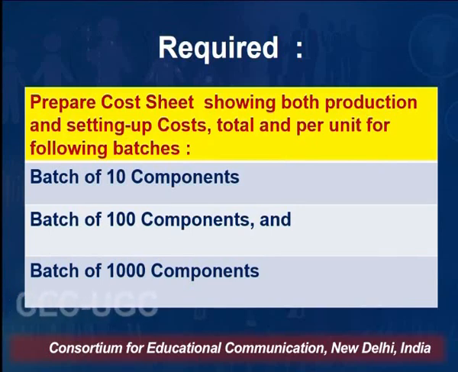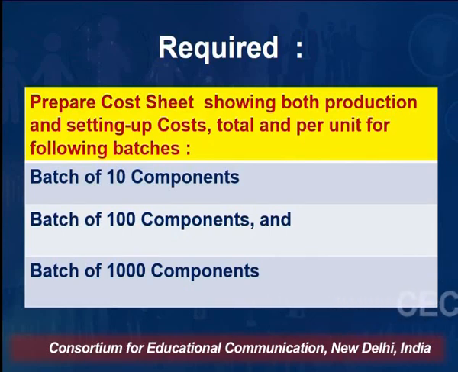Before we proceed to solve this question, let me tell you why these conditions are provided. In practical life, in a typical manufacturing setup, apart from identifying EBQ, that is economic batch quantity, we have to find out the costs for different batches. Suppose you manufacture in a batch of 10 components, what will be your cost per unit?